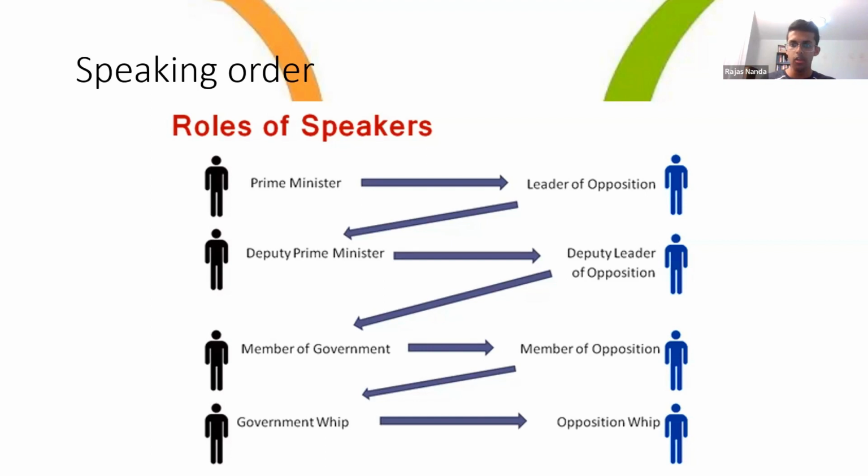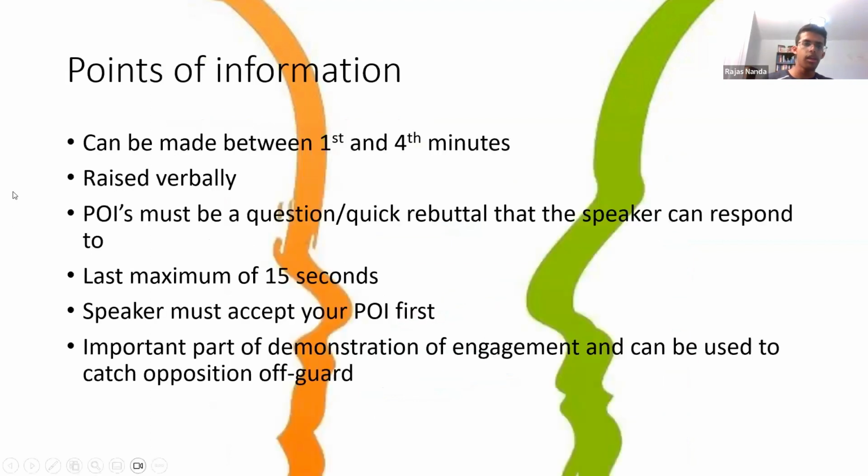So moving on, what we have next is something called a point of information, very often shortened to a POI. It can seem a bit complicated at first, and new debaters are quite shy in accepting them, and especially in giving points of information.